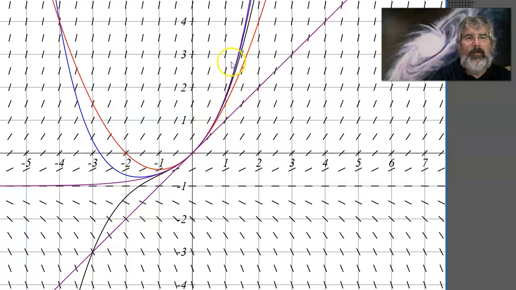I actually put the fourth one in there as well, that blue curve. But I also have the actual solution, y equals e to the t minus 1. Notice there is a horizontal asymptote at minus 1. And we can see that each time this curve is bending up closer and closer to that exponential.